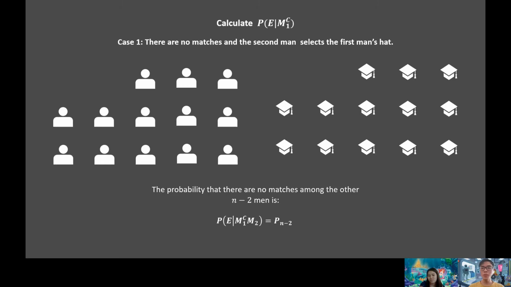Given that the blue man and the orange man select the hats of each other, the probability that there are no matches among the other n minus 2 men is denoted by P of E given M1C and M2, which is Pn minus 2.